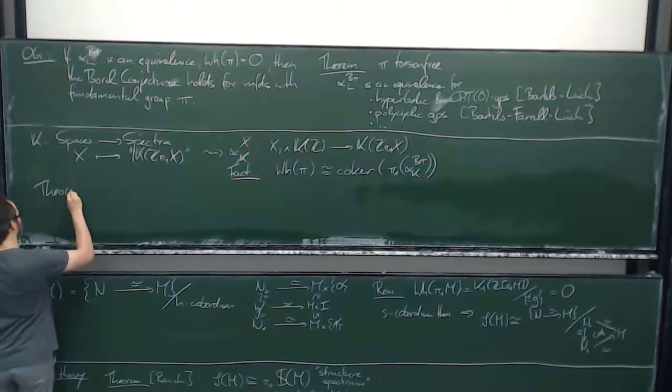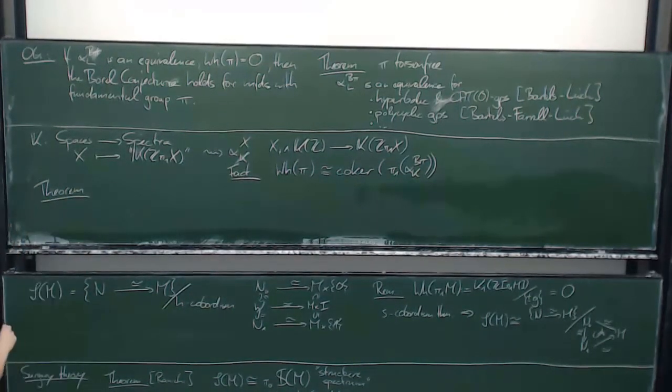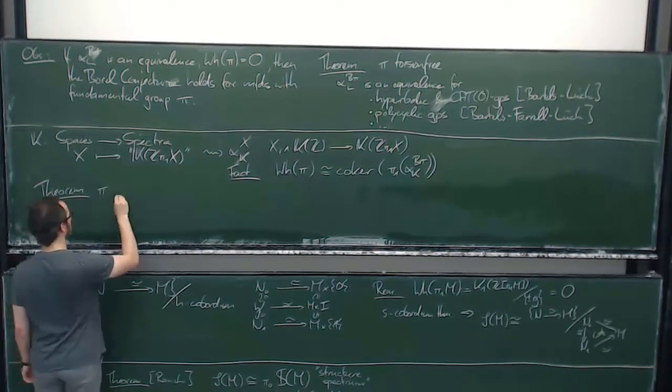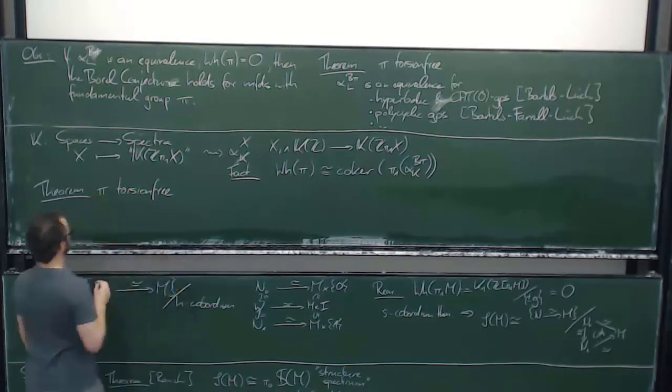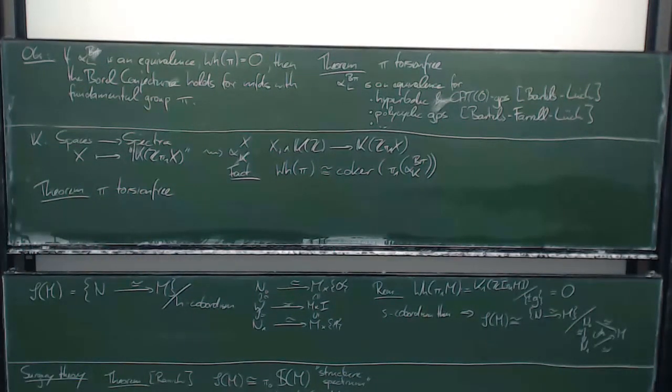And here's another theorem which is somewhat similar to the one up there, but yet sufficiently different that I should write it down. Suppose again that pi is torsion free. Then the following is true.